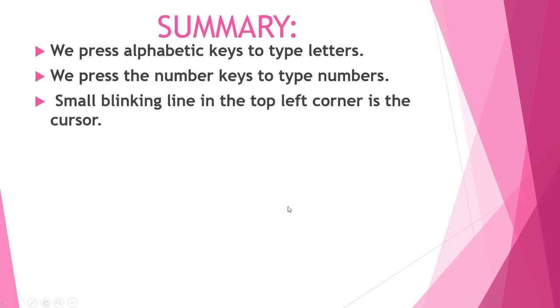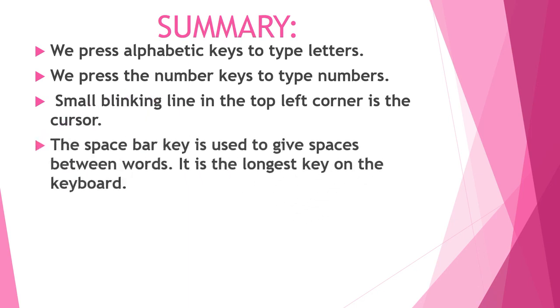We press the number keys to type numbers. A small blinking line in the top left corner is the cursor. The spacebar key is used to give spaces between words. It is the longest key on the keyboard.